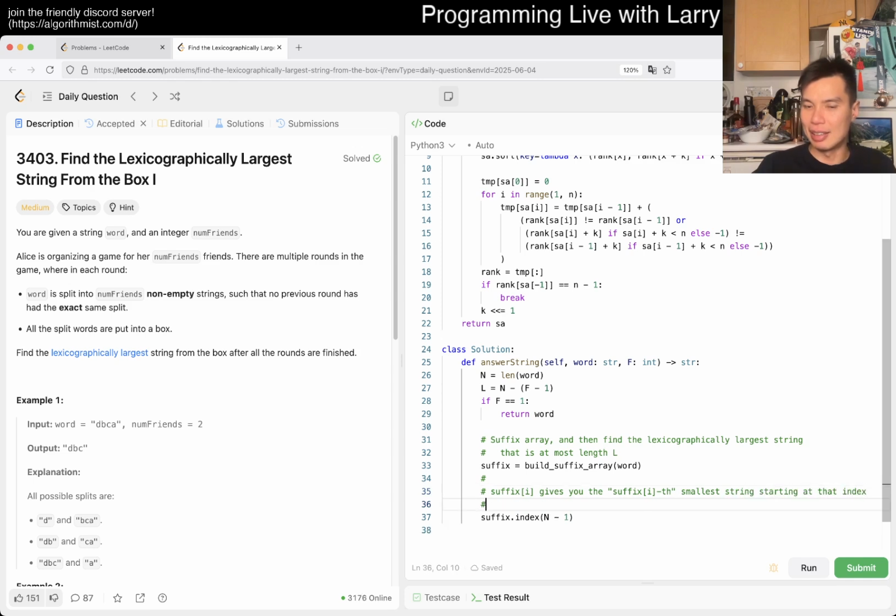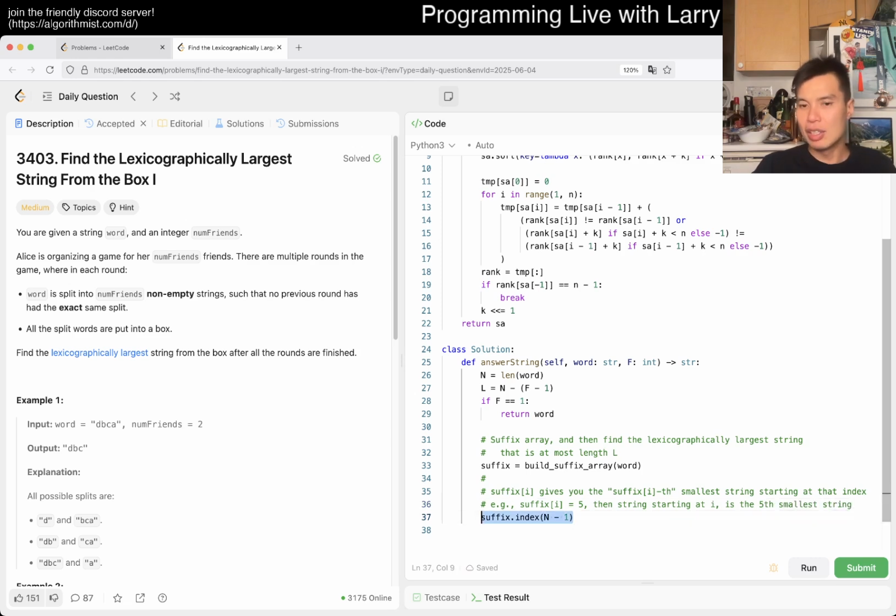So that means that if suffix of I is equal to 5, then the string starting at I is the fifth smallest string, right?